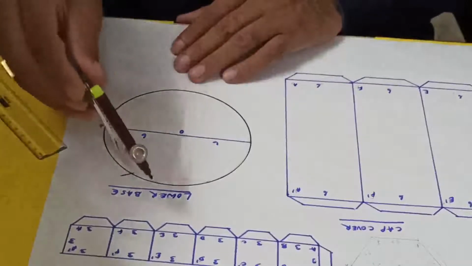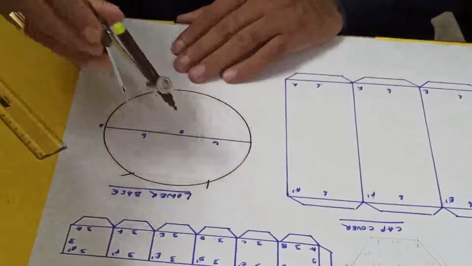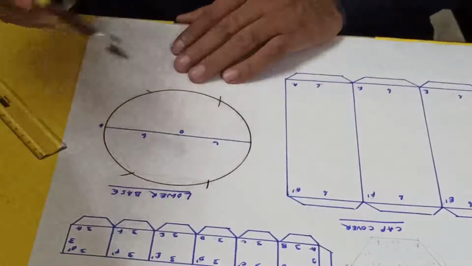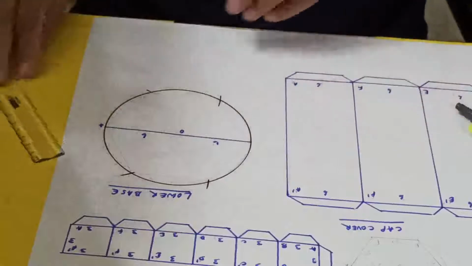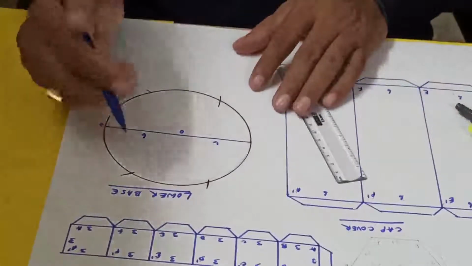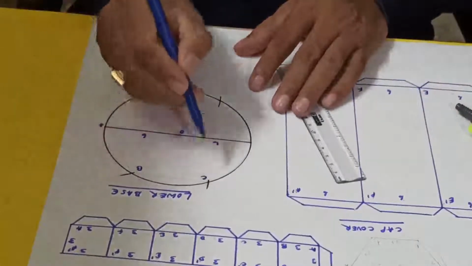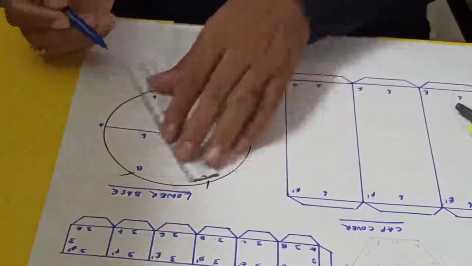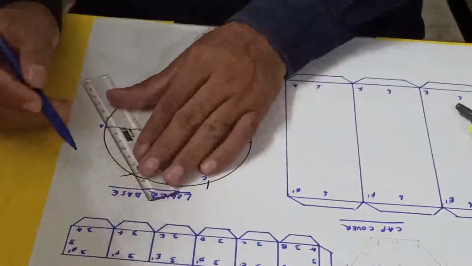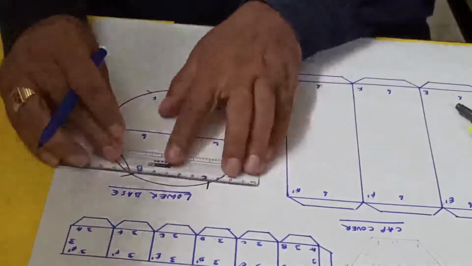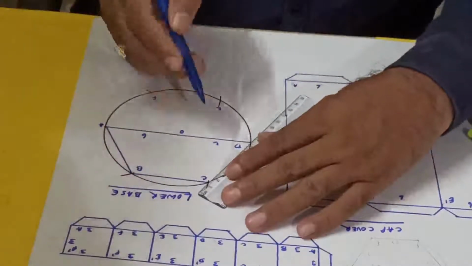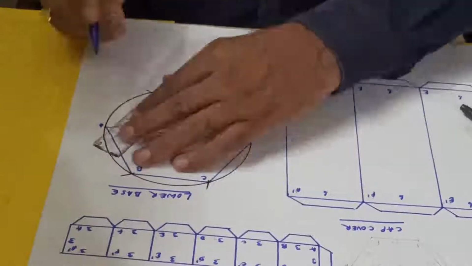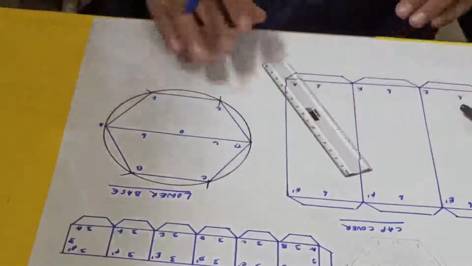So this is 1, 2, 1, 2. Now join this one. Repeat the names: B, C, D, E, F. Now join this one. So the lower base is over.